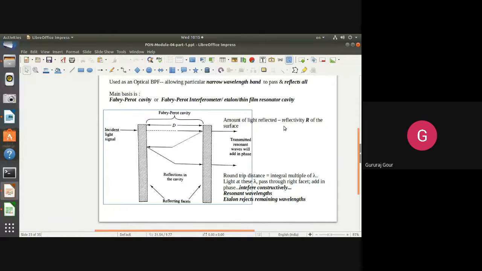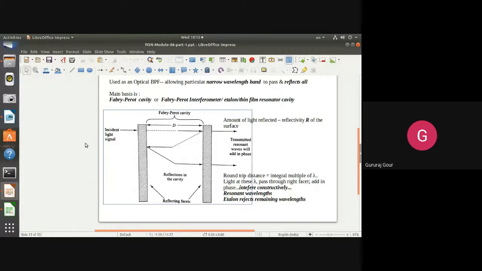So the amount of light reflected depends on the reflectivity parameter of the surface. So transmitted resonant waves will add in here at one point and cancel out at another point. And in between, we get the different range of wavelengths based on their respective path length or phase difference.